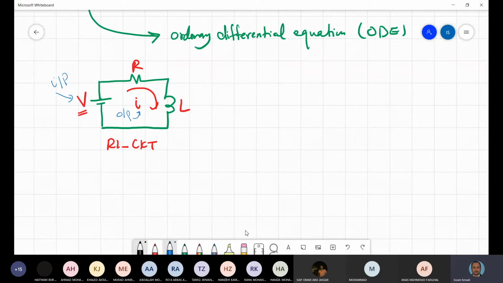How can I model this circuit? Yes. دكتور ناخذ KVL. KVL.